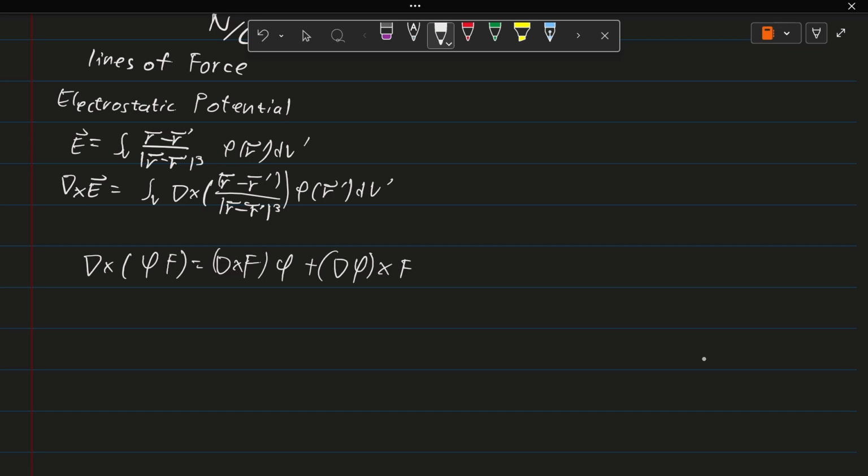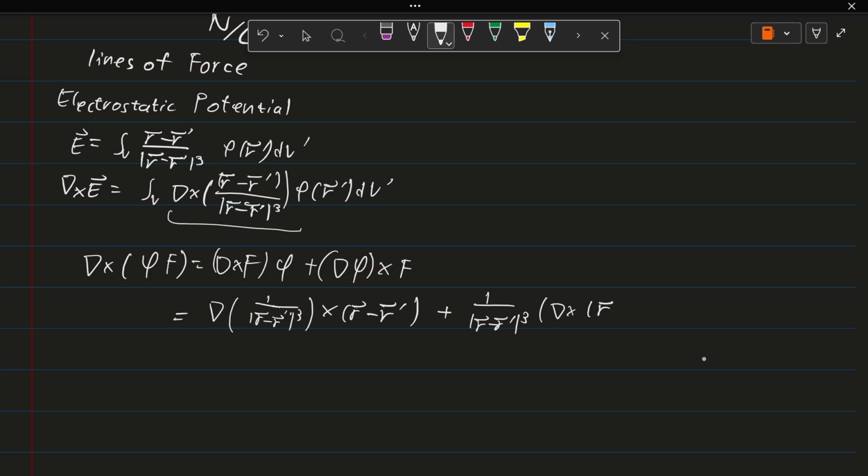But anyway, if you compute this for this particular problem, let's reverse the order, so it's the scalar first. It's the gradient of 1 over the magnitude of r vector minus r vector prime cubed, crossed with the r vector minus r vector prime, and then you add the scalar at the front, multiplied with the curl of the r vector minus r vector prime.